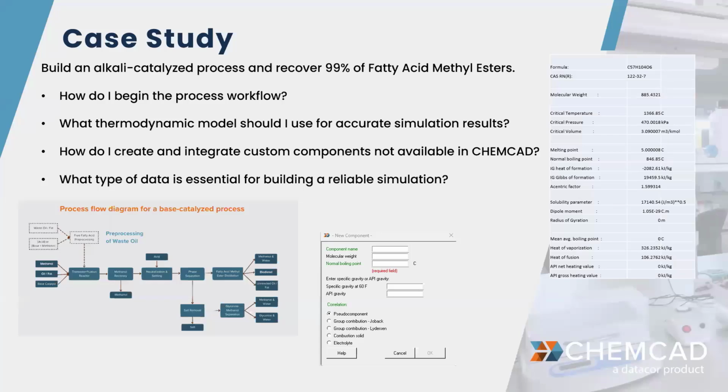If you are willing to do some heat integration and you're going to be using heat exchangers, then heat capacity is vital. It's a vital asset for the data that you need for your component. Or heat of formation and Gibbs energy of formation if you are looking at reactors.